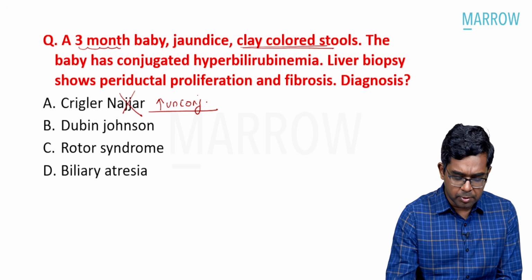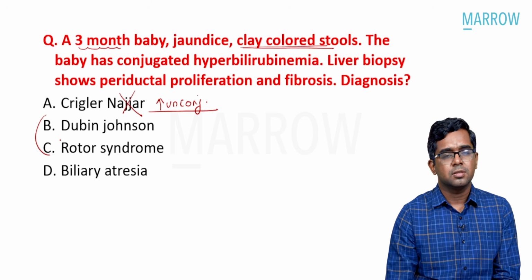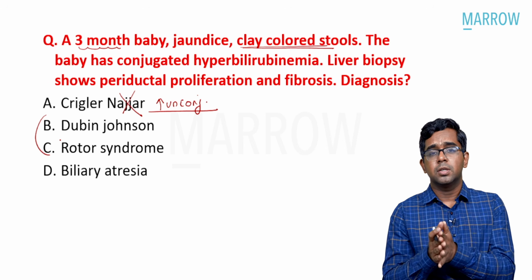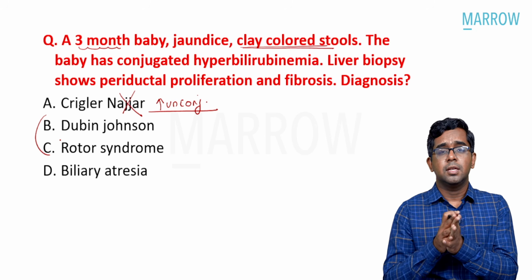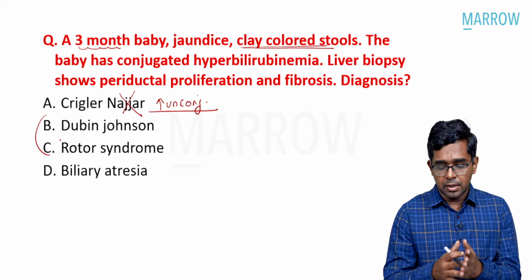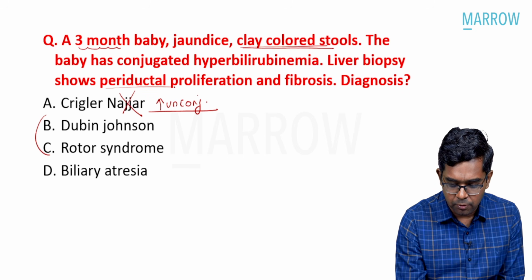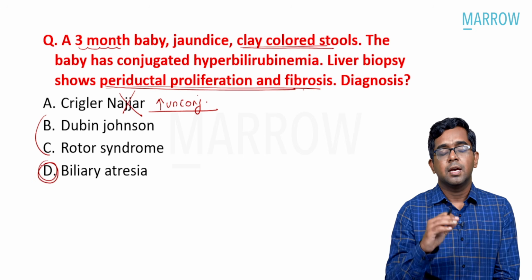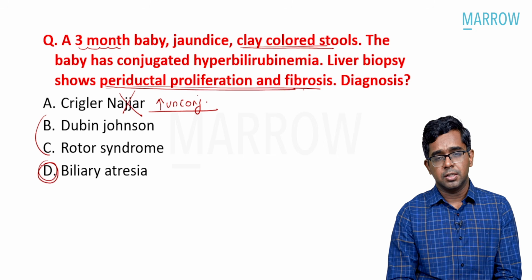Remember, Dubin-Johnson syndrome and Rotor syndrome usually do not have a neonatal presentation. They usually present in older children or adolescents, so both these options are unlikely. Not only that, the biopsy finding of periductal proliferation and fibrosis is very characteristic of biliary atresia and will be the answer for this particular condition.